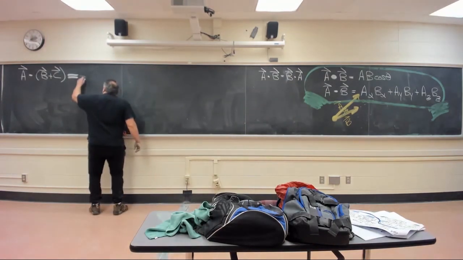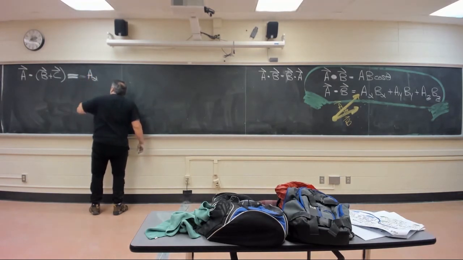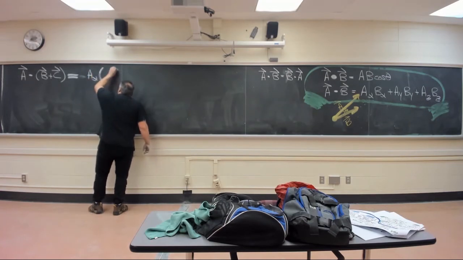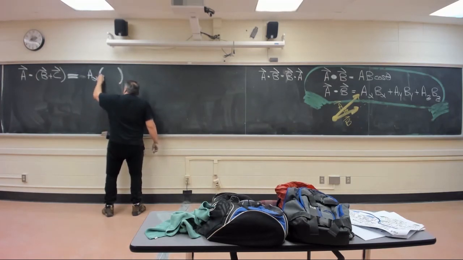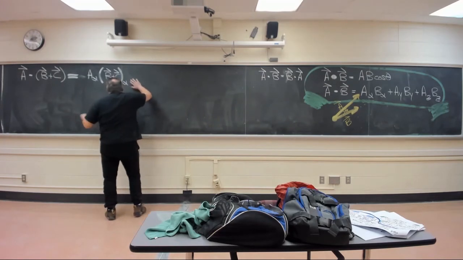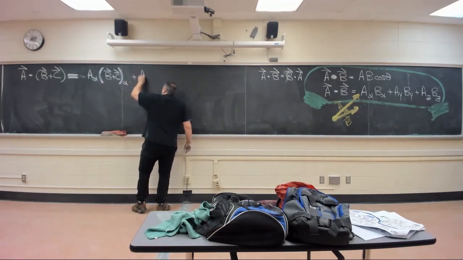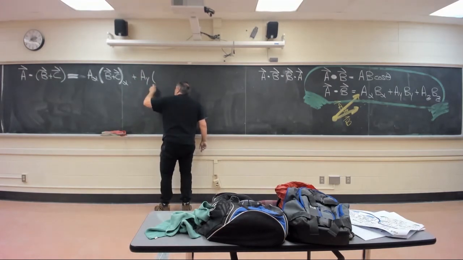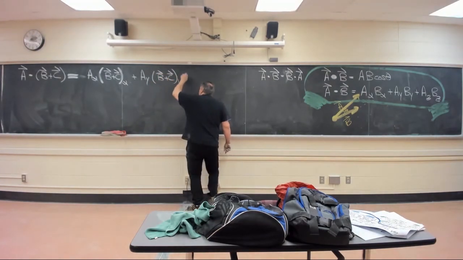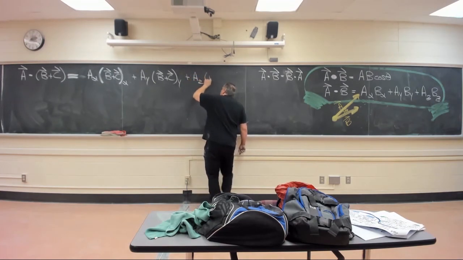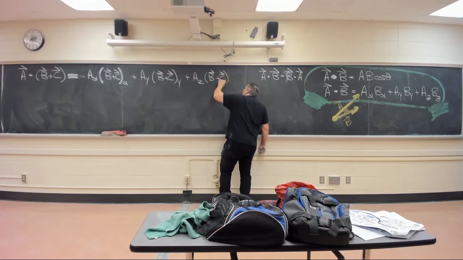Well, what this is right here is AX multiplied with, let's be careful here, there's a lot of ways you can do this, B vector plus C vector, the x component of the sum, plus AY times B vector plus C vector, the y component of the sum, plus AZ times B vector plus C vector, their z component.